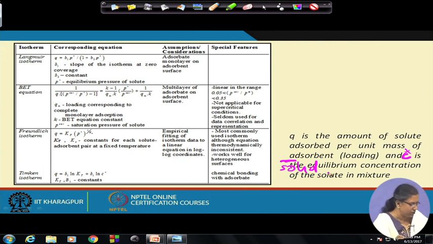And C star is the equilibrium concentration of the solute in the mixture. That means, if it is a gaseous mixture, then a conventional way is to express the concentration in terms of partial pressure of the gas.